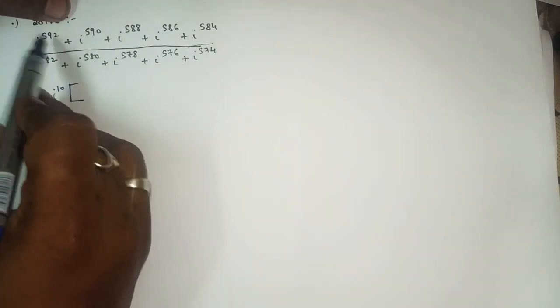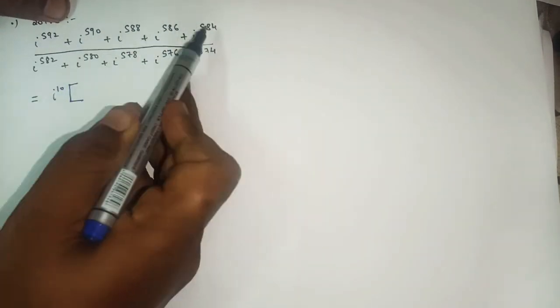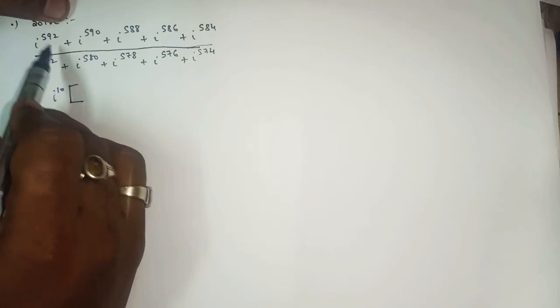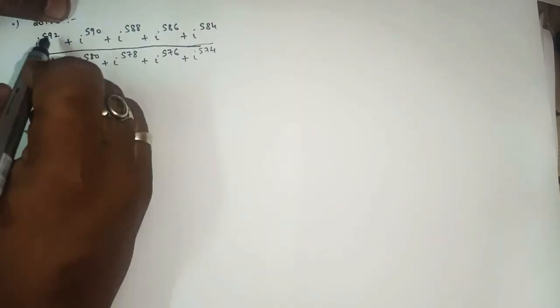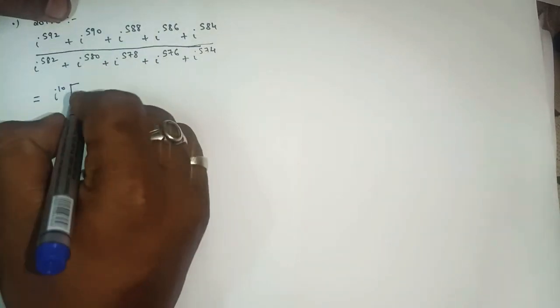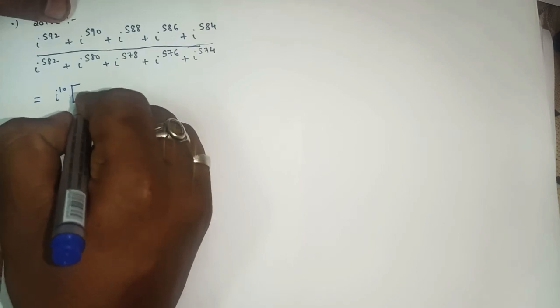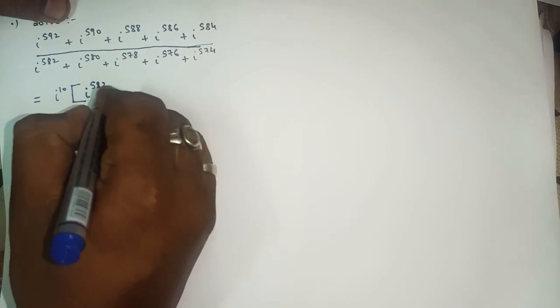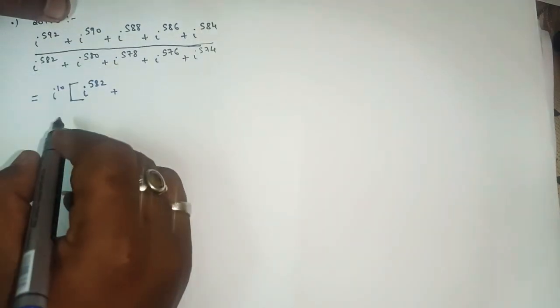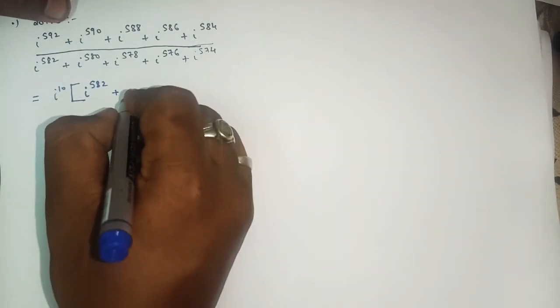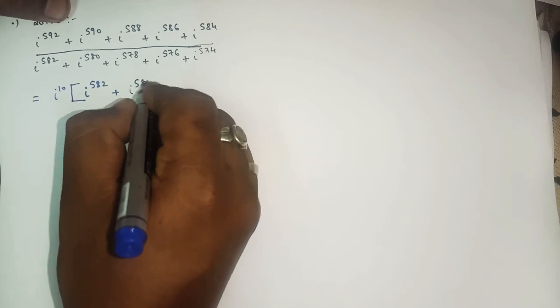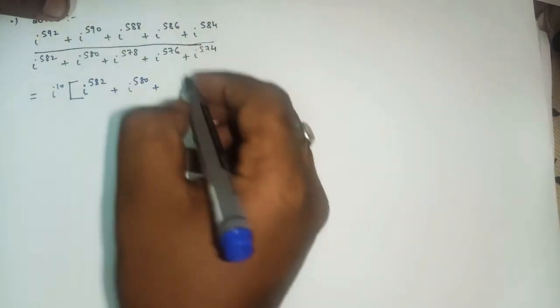As I remove i raised to 10 from each section, here you will get i raised to 582, yes or no? Plus the 10 numbers are outside the bracket. So here you will get i raised to 580.